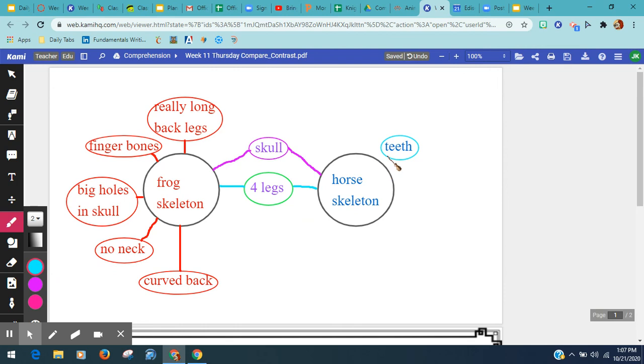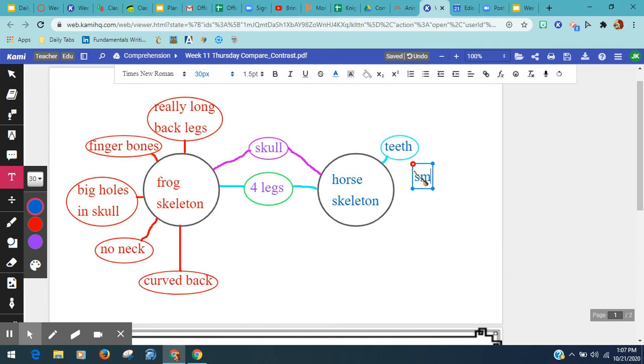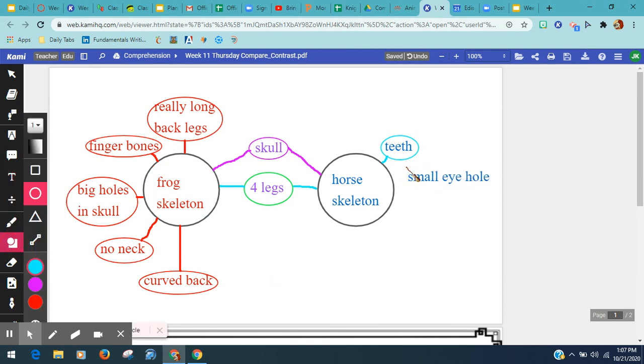He had teeth. Or it had teeth. It also had a small eye hole in the skull. So we can go ahead and put that here. Small eye hole. Because remember, the frog had huge holes in the skull. I wonder what those holes are for. His eyes aren't that big. Put a bubble around it and connect it to our horse.